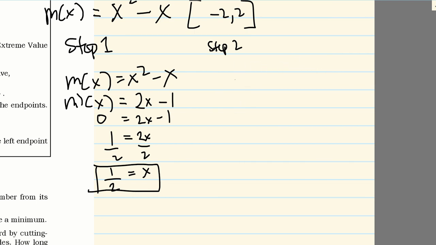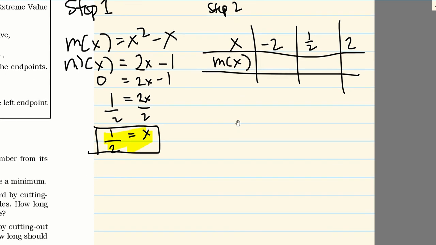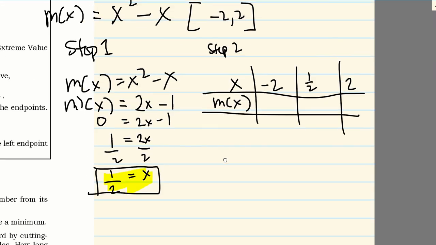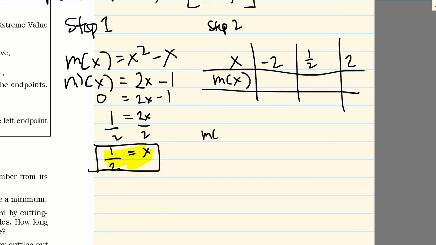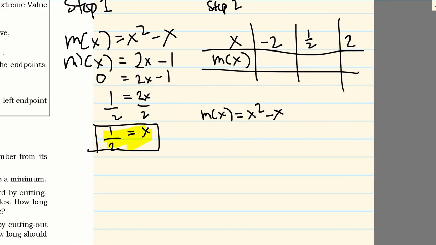So we make first the box, which is x and m of x, which is -2, 1/2, and 2. 1/2 is from this one over here, and so that's our box there. And then we evaluate. So first we copy once again the function, x squared minus x. And then we're gonna evaluate it.